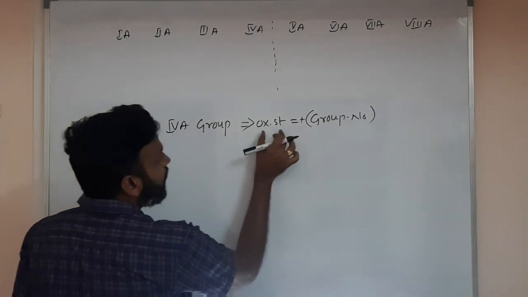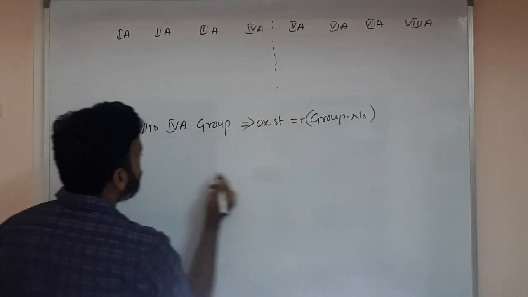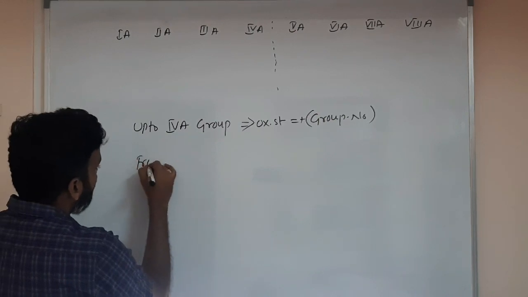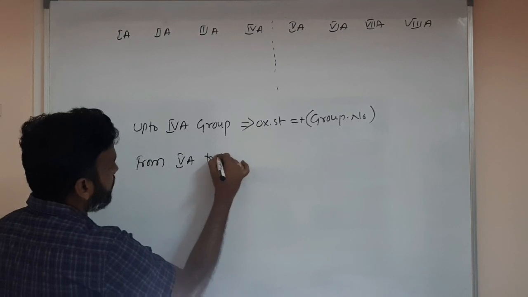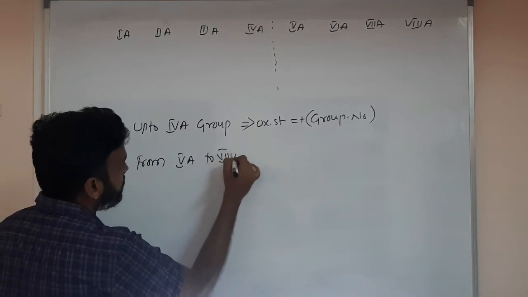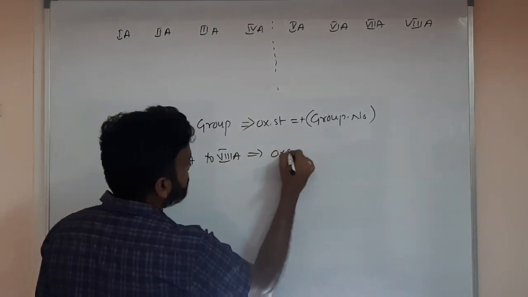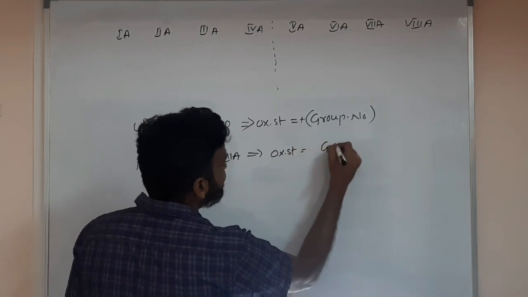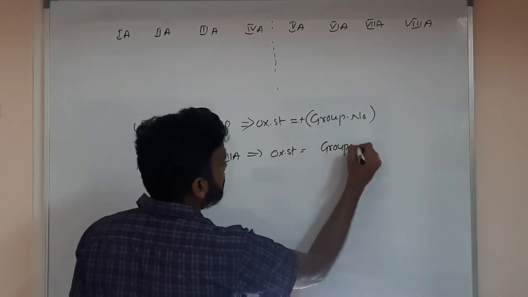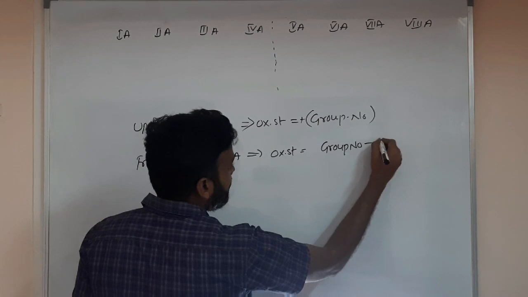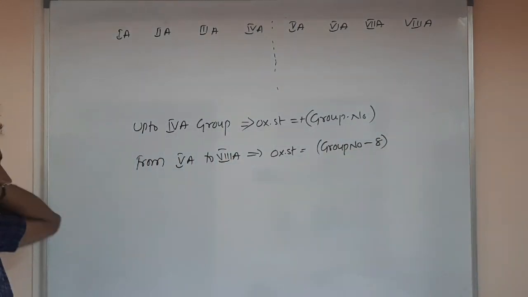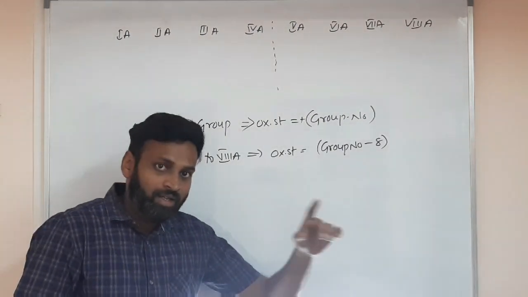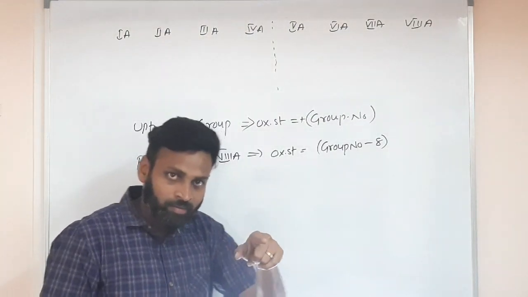Up to the 4A group, the oxidation state is plus group number, and from 5A to 8A, the oxidation state is equal to group number minus 8. Are you thinking I wrote it wrong?